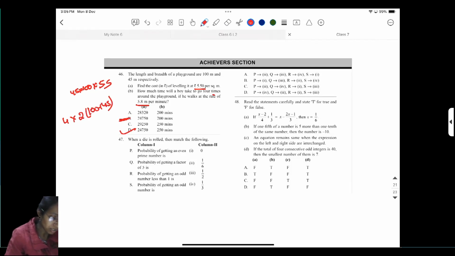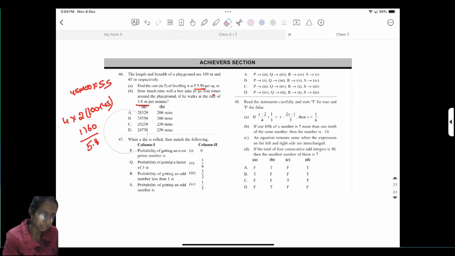That means the total distance he is covering is 145 into 8, that is 1160, at the rate of 5.8 meters per minute. So total minutes required will be divided by 5.8. So that is 200 minutes. So the answer will be B option, 200 minutes and 24750.